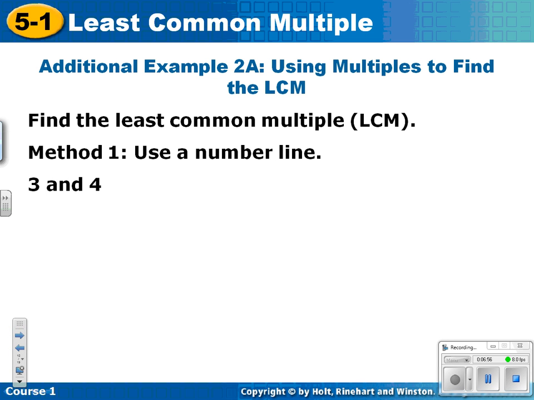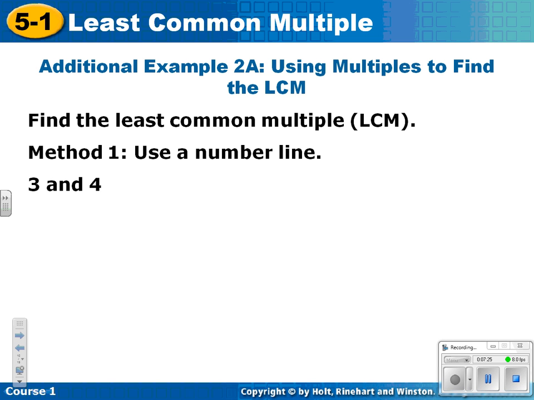Okay, so we have a number of different ways we can find least common multiple. The first 2 ways I'm going to show you are long and going to take you a long time to do and require a lot of paper, and your chances of making a mistake are pretty good.